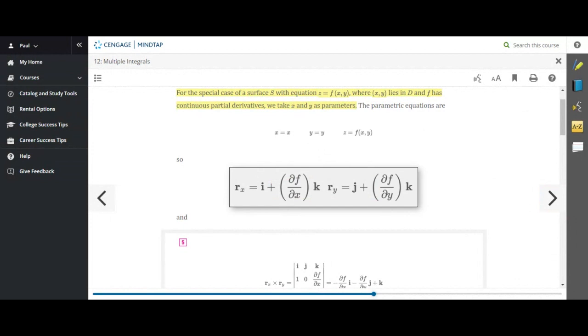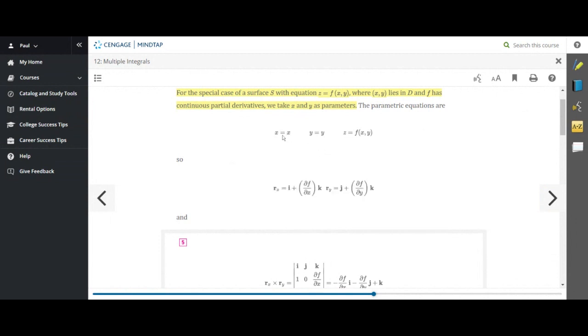Based on those components, r sub x is equal to i plus the partial derivative of f with respect to x times vector k. That's because when you differentiate r with respect to x, you hold y constant, so the second component drops out. And then for r sub y, you're holding x constant, so the first component drops out.